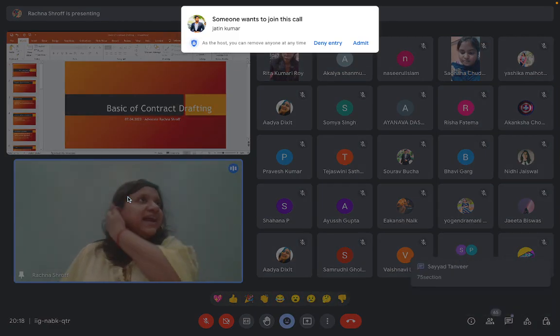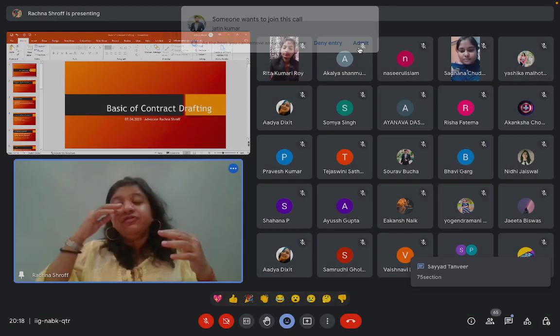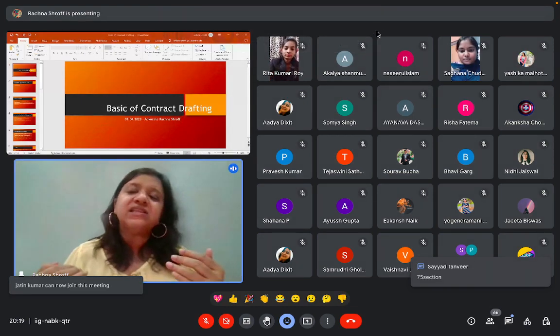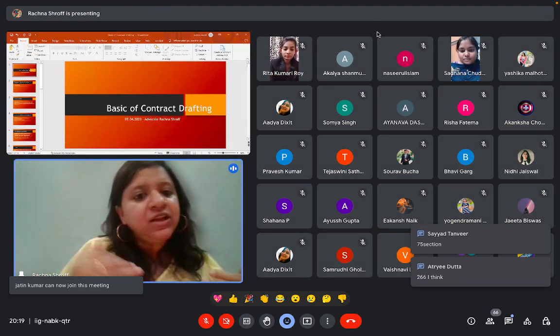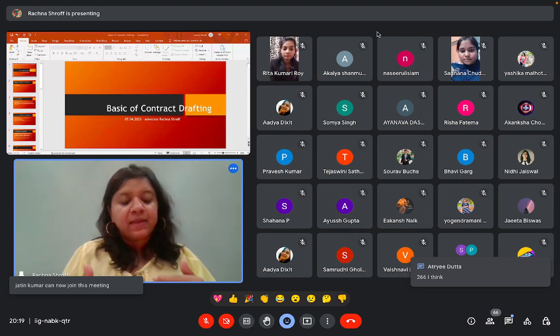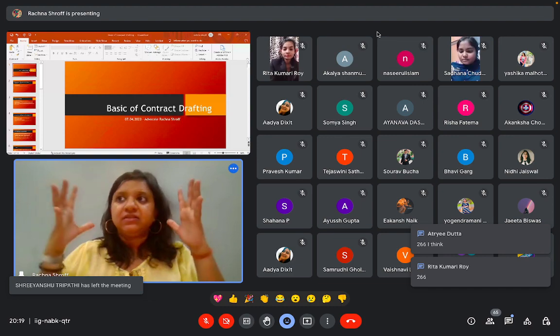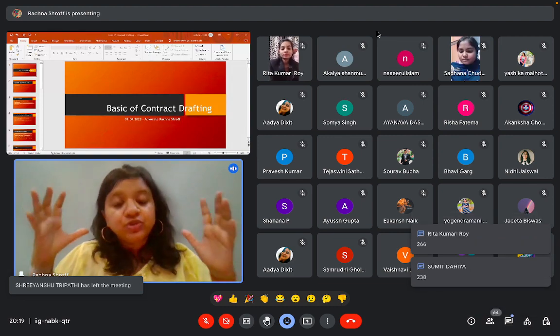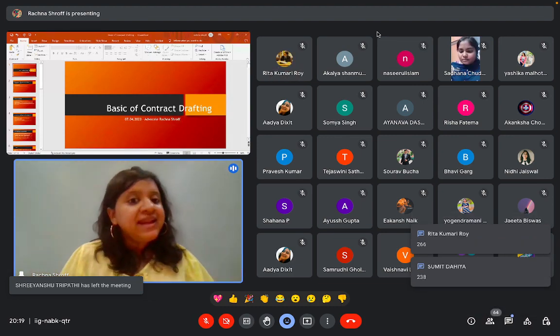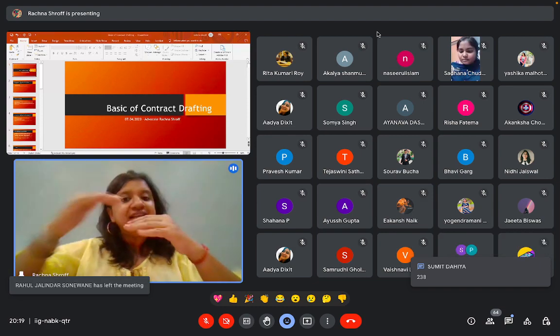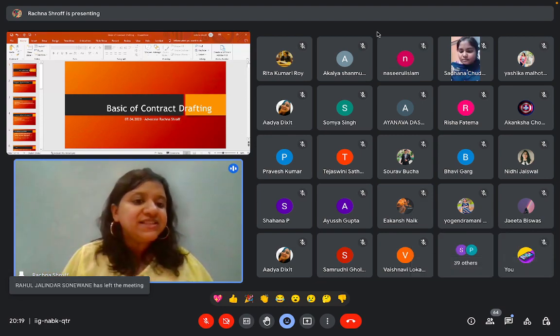Now, guys, even if you have drafted contracts, today this will bring a lot of clarity. When you're sitting with a part of a contract, with a contract draft, or you're about to draft something, it is very important that you categorize it or break it into these four parts.